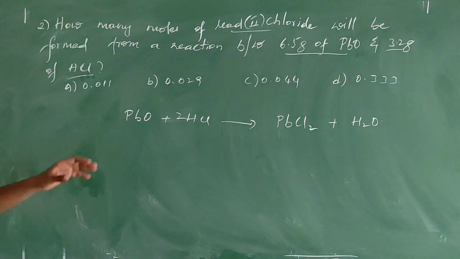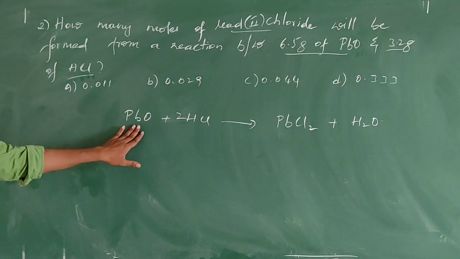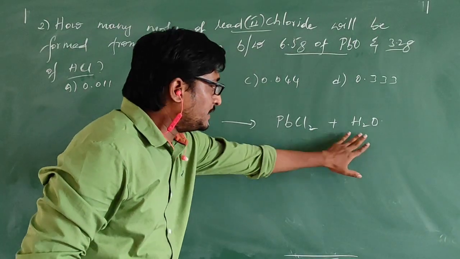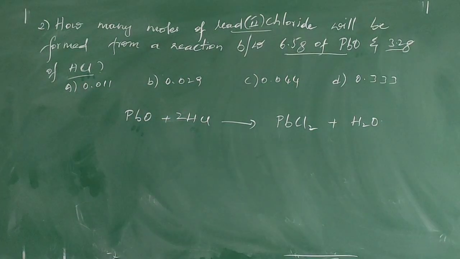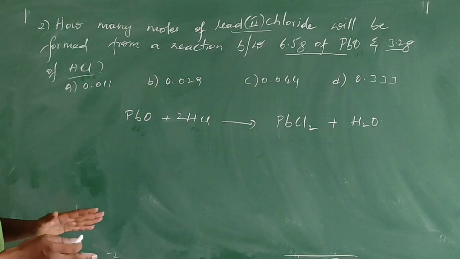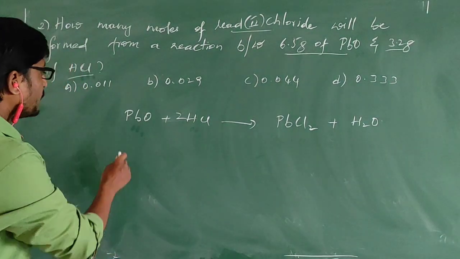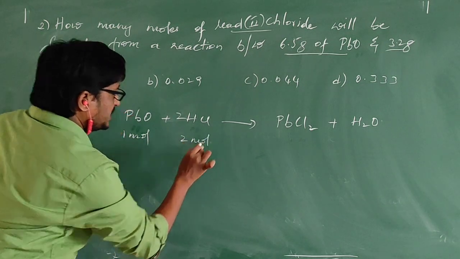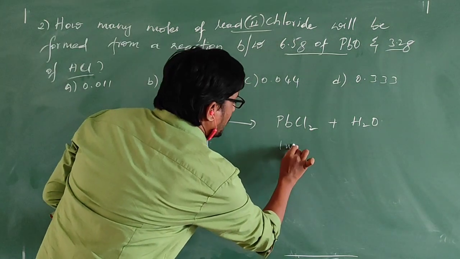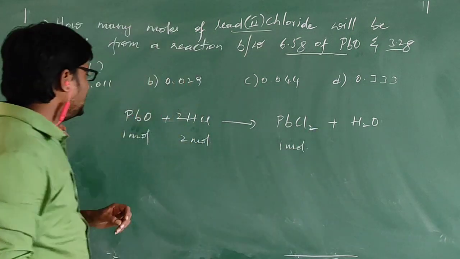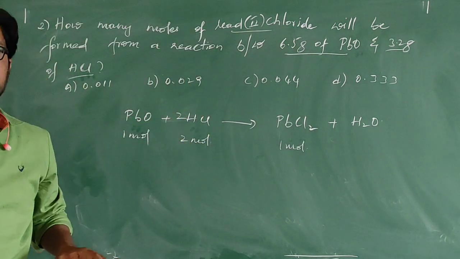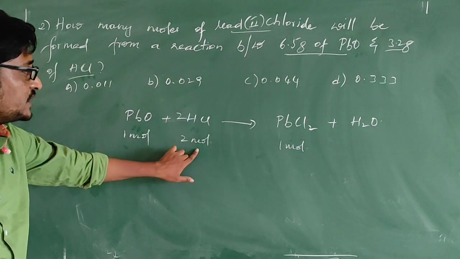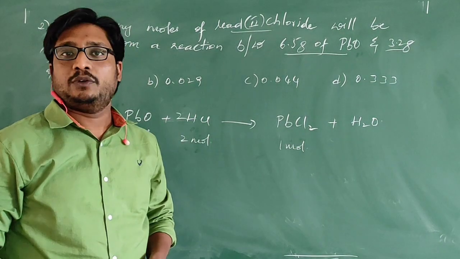So this is the balanced reaction: lead oxide reacts with HCl to form lead chloride plus H2. From this balanced reaction, we can understand that 1 mole of lead oxide reacts with 2 moles of HCl to form 1 mole of lead chloride.